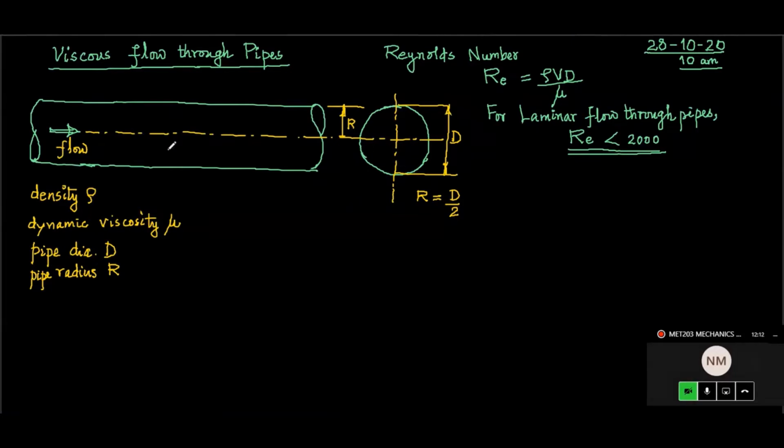During this viscous flow through the circular pipe, we are going to consider a fluid element and the forces acting on that element. So we will try to analyze and set up an equation to represent the flow.